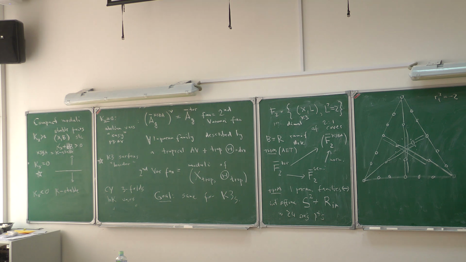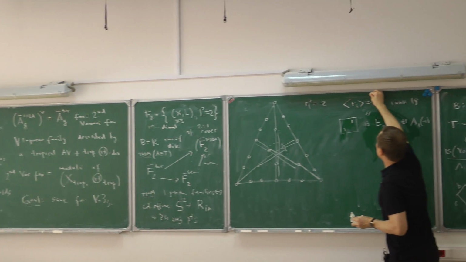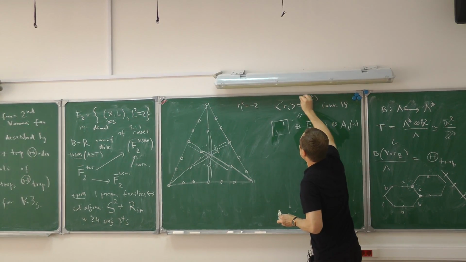It's H, plus 2 copies of E8, and a copy of A1. So it's a lattice of signature (1,18).